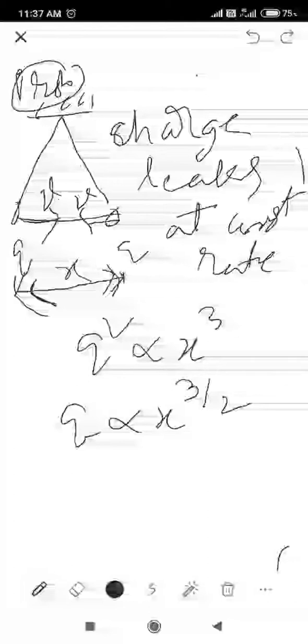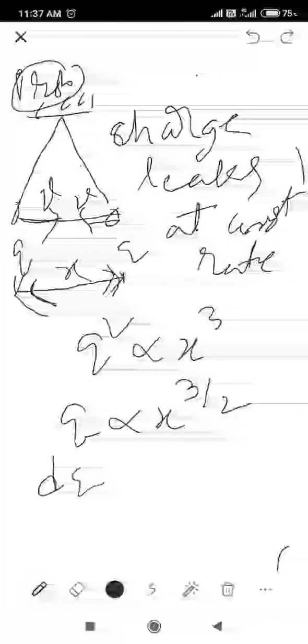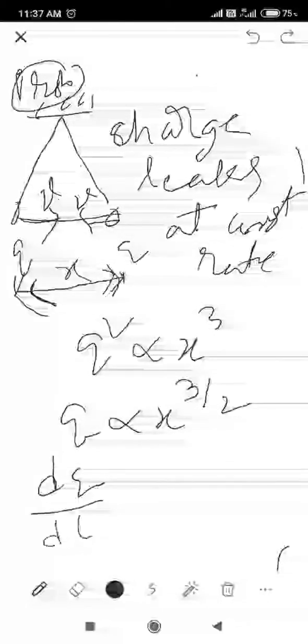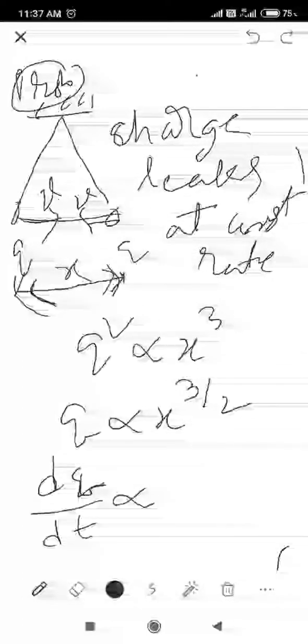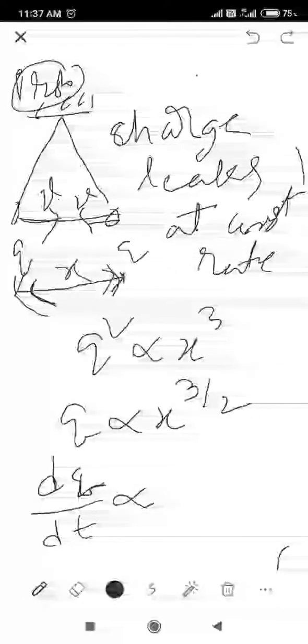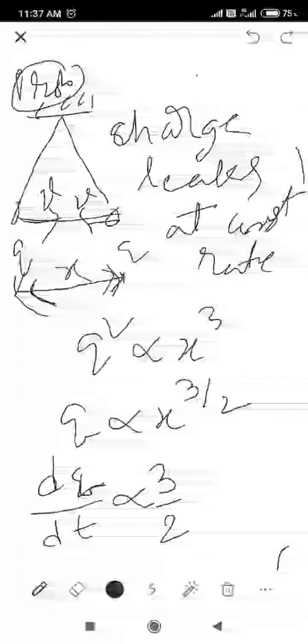Now I differentiate on both sides with respect to time. So when you differentiate q, we can write dq by dt, and it is proportional to x power 3 by 2 differentiation. You know basic formula, differentiation of x power n is n into x power n minus 1. We are applying same formula.